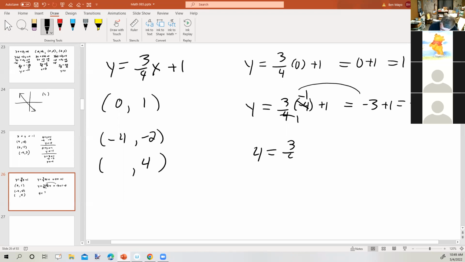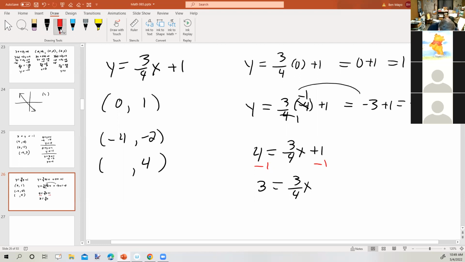And finally, y is 4. So 4 equals 3/4 x plus 1. We'll subtract 1 from both sides of the equation. 3 equals 3/4 x. Oh, we have an equation in one variable. The coefficient is a fraction.